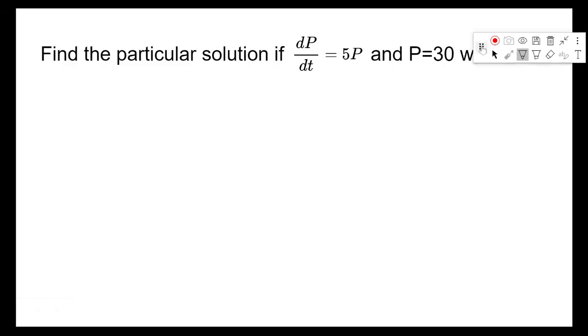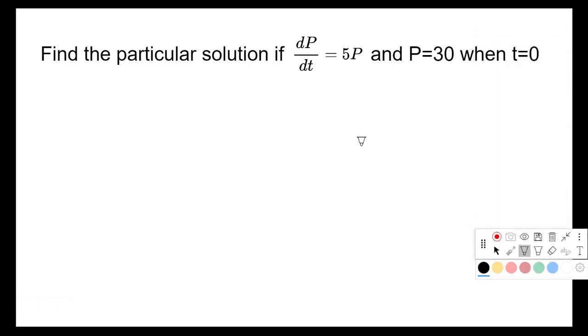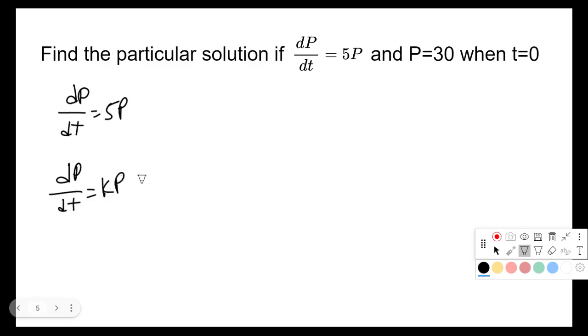Okay, so now let's find the particular solution if dP/dt equals 5P and P equals 30 when t equals 0. So I know dP/dt equals 5P. Well, I already know that if dP/dt equals kP, then P equals P naught e to the kt power. That's the formula that we just came up with.